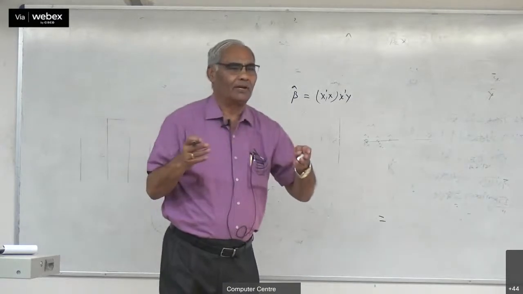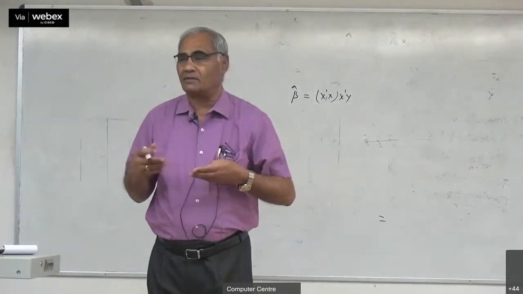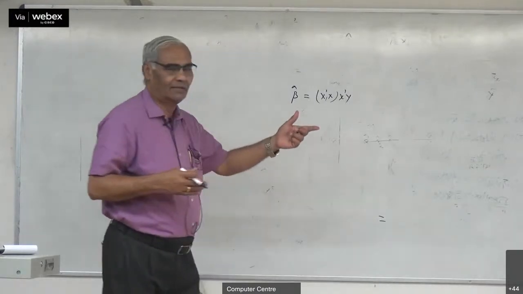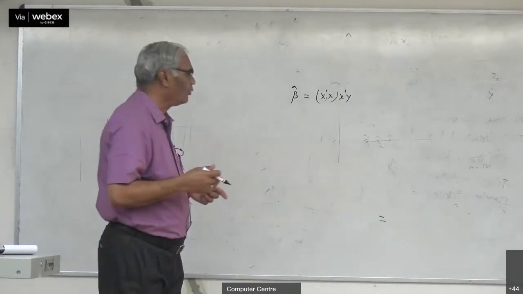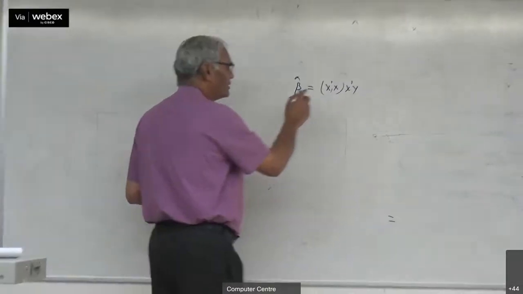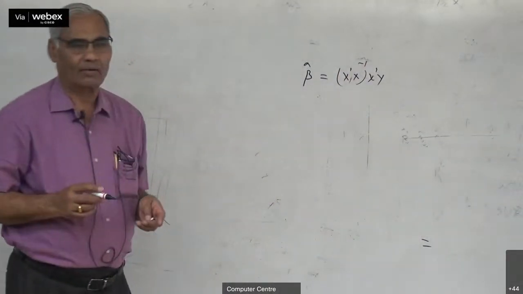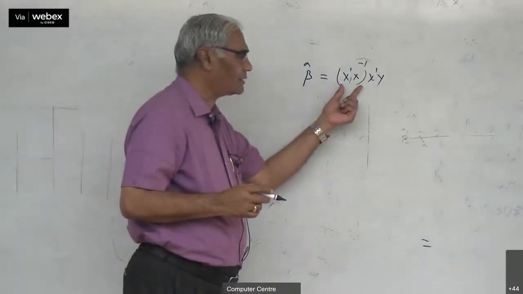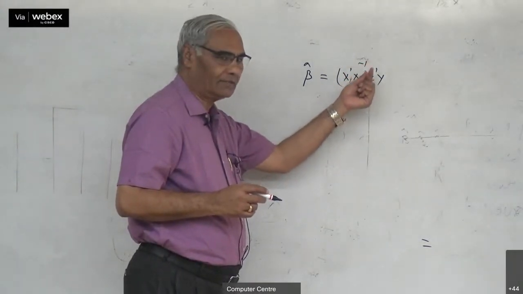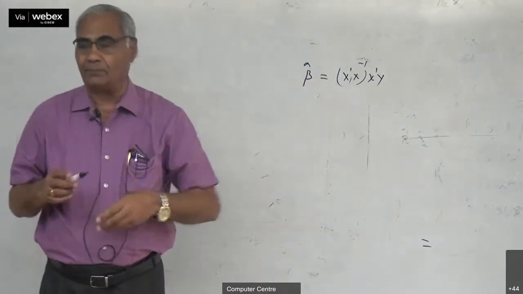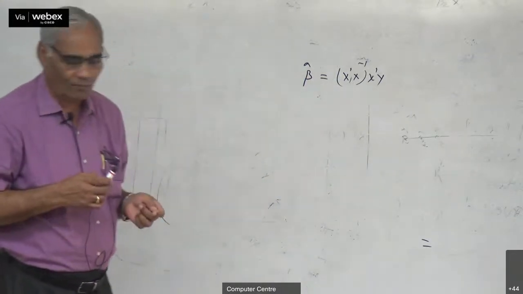If your number of variables increases, the process of estimation becomes very lengthy. So we can use matrix analysis and work out X transpose X inverse X transpose Y. That will be the matrix of betas if there are many variables.